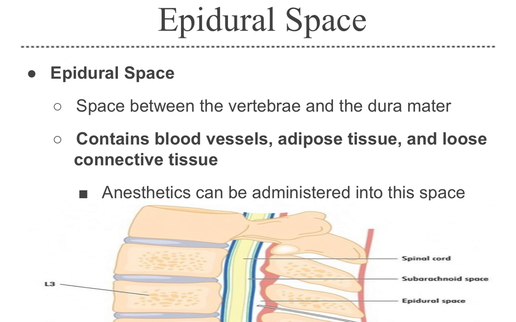And that ligament's going to help lubricate and move the blood vessels and protect those structures. That epidural space is also used to give anesthetics, so pain meds and neuromuscular blocking meds, so that we can numb areas of the body. So think of having an epidural when a woman is in labor.